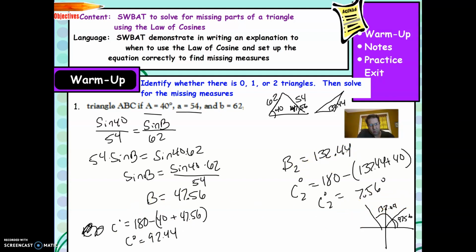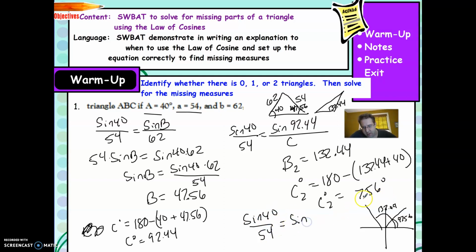Now we just need to find what would side C be. Now it depends on which angle you decide to use. So you could say that sine of 40 over 54 is equal to sine of angle C, so sine of 92.44 over side C. Or you could do the same thing, sine of 40 over 54 equals sine of 7.56 over C. And they're going to give you two different answers for C. Once again, it's just a matter of multiplying across and dividing by the third number.